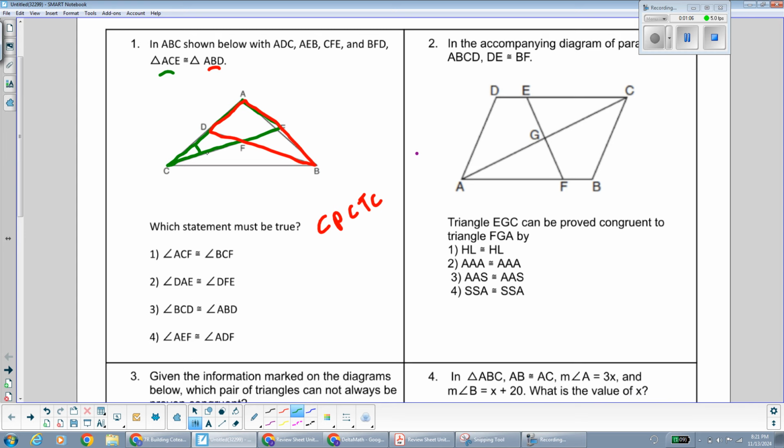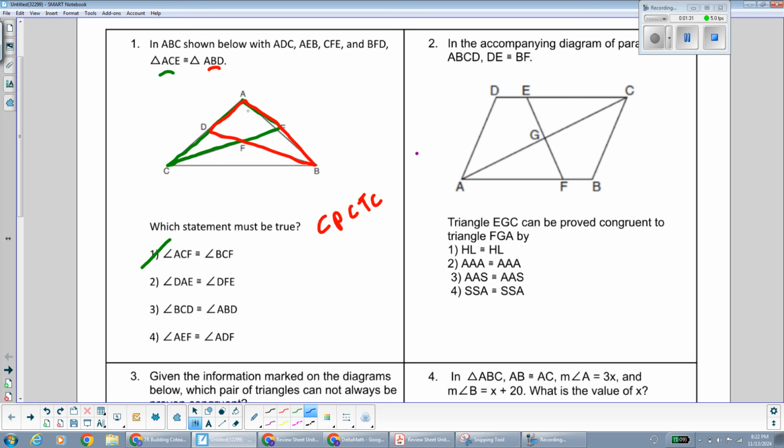That's right over here. And angle BCF. This angle's in the green triangle, but this one's not in the red triangle. So maybe they're congruent, but I don't know. All I know from the question is that the red and the green triangles are congruent. So I can only say for certain things that are part of those two triangles.